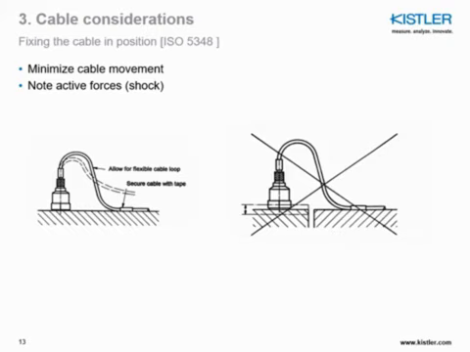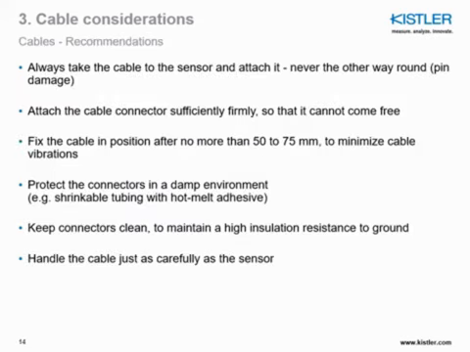This is a drawing which is an extract from the ISO 5348 that provides recommendations for cabling. So to summarize, always take the cable to the sensor and attach it, never the other way around, to avoid any pin damage.